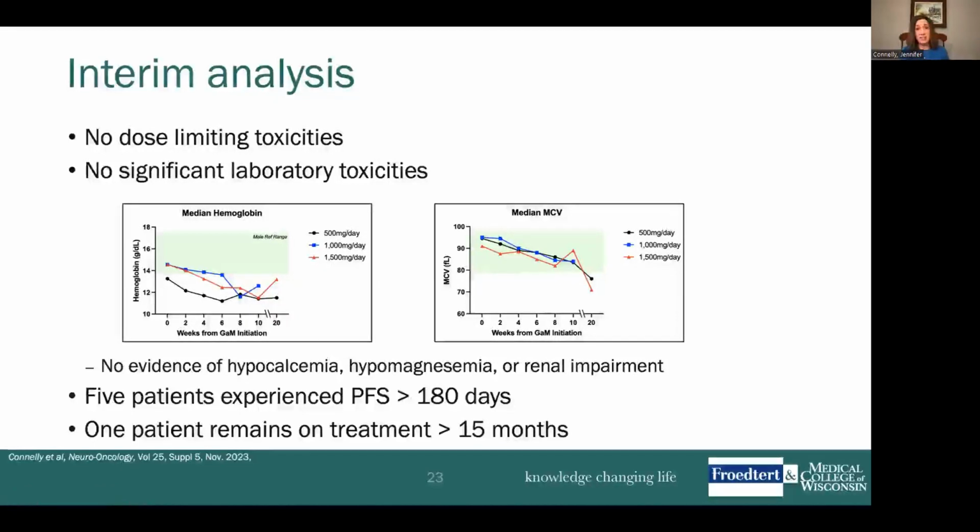This was one of our signs, though, that the gallium was actually being absorbed by patients. We also monitored for other laboratory toxicities, and really there were no electrolyte abnormalities, and none of our patients had renal impairment. At the time of our interim analysis, we had 5 patients who had progression-free survival greater than 180 days, and we had 1 patient who remained on treatment for more than 15 months.